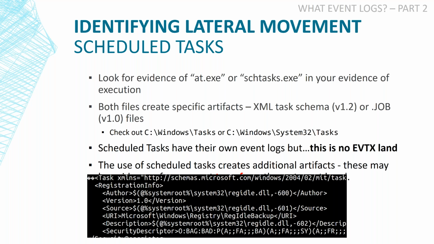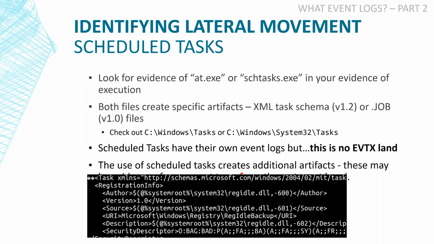So again, your shimcache, your prefetch, your amcache, recent files, so on and so forth. These files create different types of specific artifacts. Schtasks creates an XML schema, version 1.2. At.exe creates job files. Both of these executables are still supported. At.exe is technically deprecated, but still works, still runs. And you're going to find these located in a couple of different paths, the different schemas and or job files.